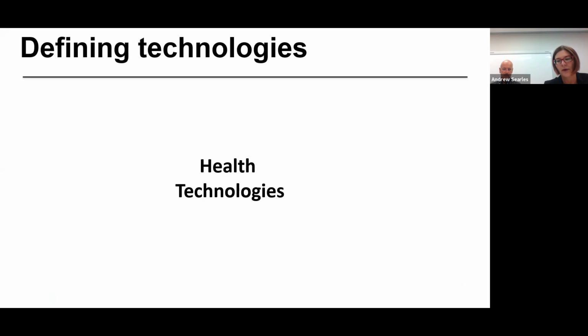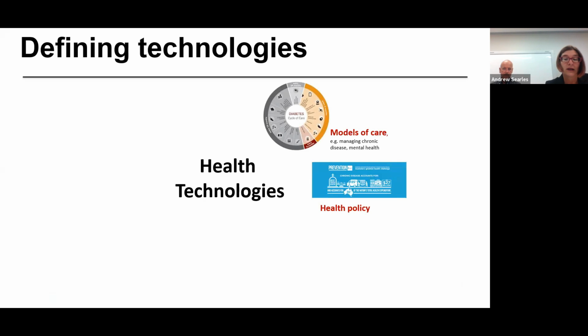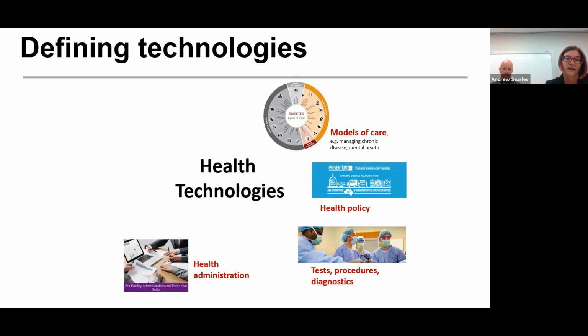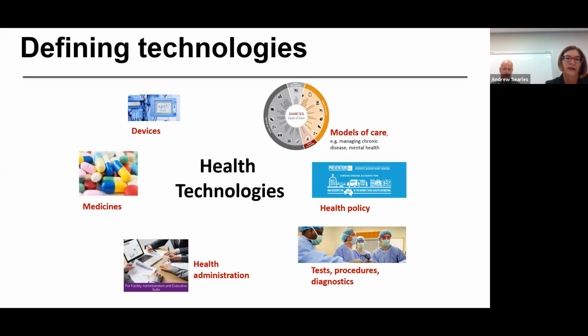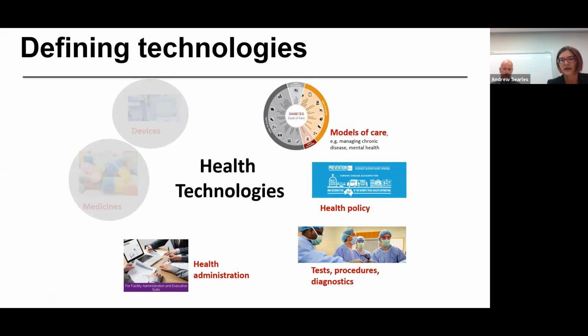So apart from the usual medicines and pharmaceuticals, we were talking about models of care, health policies, tests, procedures and diagnostics, health administration, and medicines and devices. But for the purposes of this project, and given that evaluation at the national level encompasses devices and medicines really well, we wanted to focus on these other types of technologies that exist within local health services.